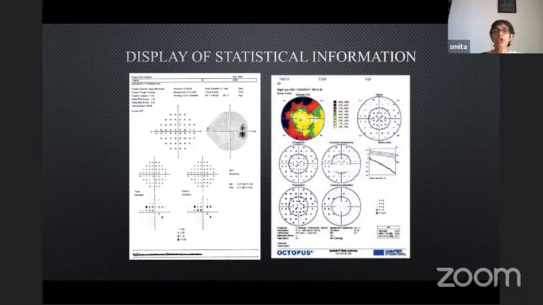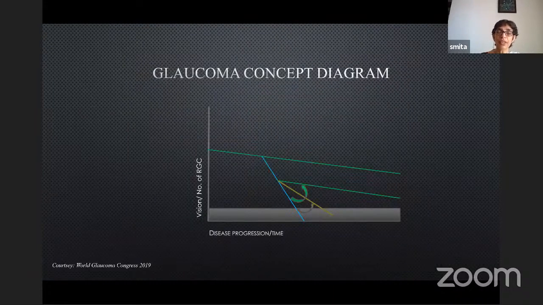So we know that glaucoma is a disease of the retinal ganglion cells. If we plot the number of retinal ganglion cells along the vertical axis and the age of the patient or the time on the horizontal axis, we get what is known as the glaucoma concept diagram.